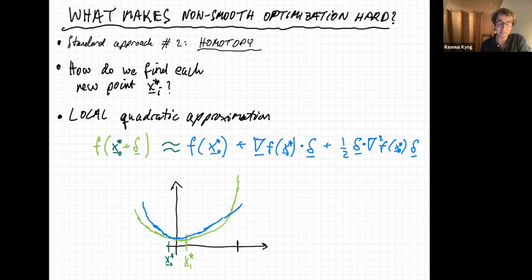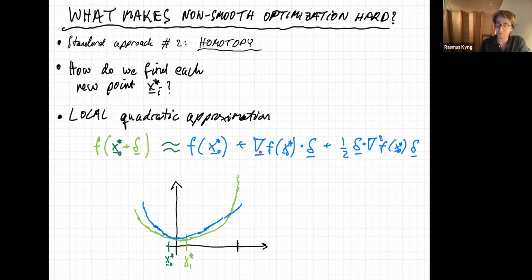Okay, we're going to find each new point by doing a local quadratic approximation. So we have f of x at some, say, x0 star, the previous optimum, and we want to look at x0 star plus delta. Now this is the new function, so I changed the function a little bit, and x0 star is not the optimum anymore.